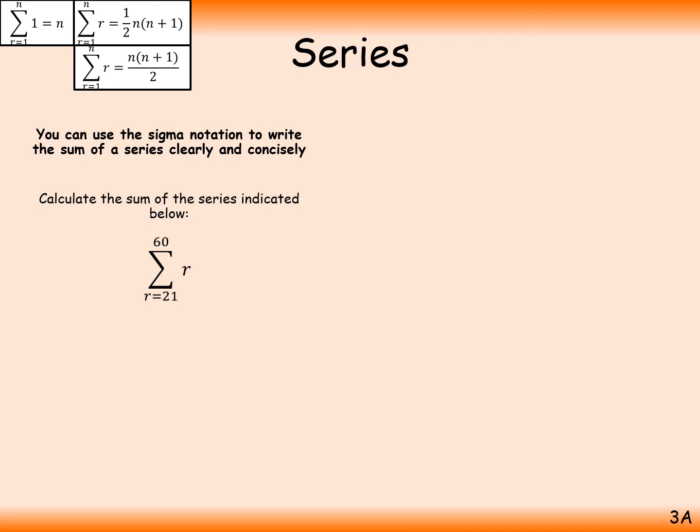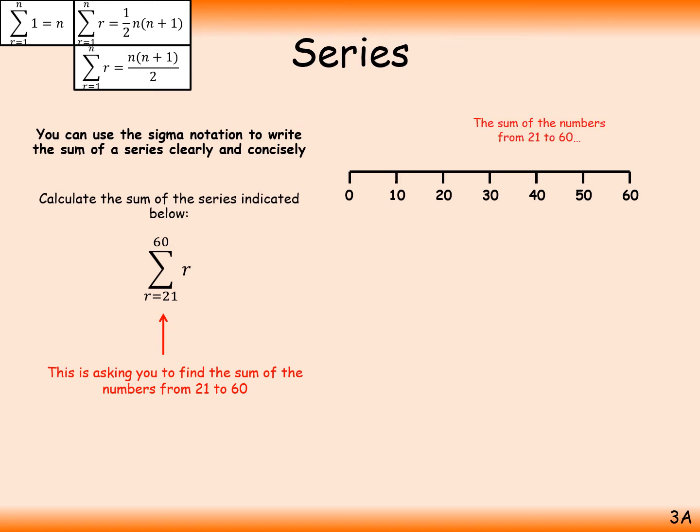Have a go at this one, pause the video and work through this. This time we are starting from 21 and going all the way up to 60, so the sum of the numbers from 21 to 60. This will be equal to the sum of numbers from 1 to 60, subtract the numbers from 1 to 20.